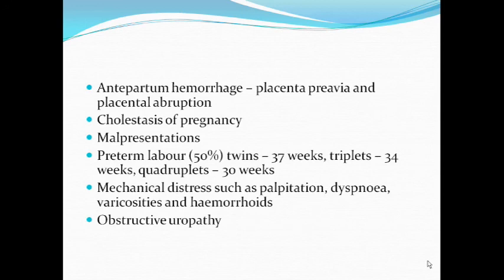Cholestasis of pregnancy, malpresentation we have already read, and preterm labor, which is seen in 50% of twins. In twin pregnancy, most cases deliver around 37 weeks. Triplets deliver around 34 weeks, while quadruplets deliver around 30 weeks of pregnancy.